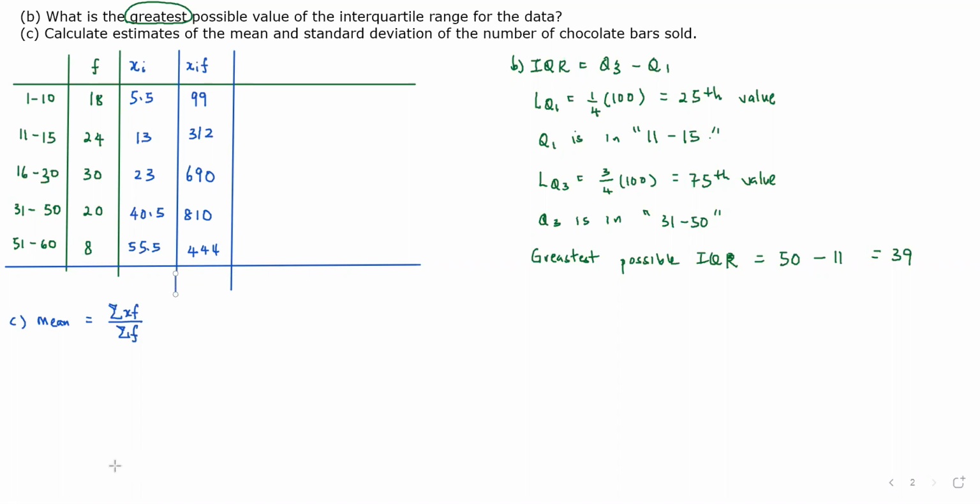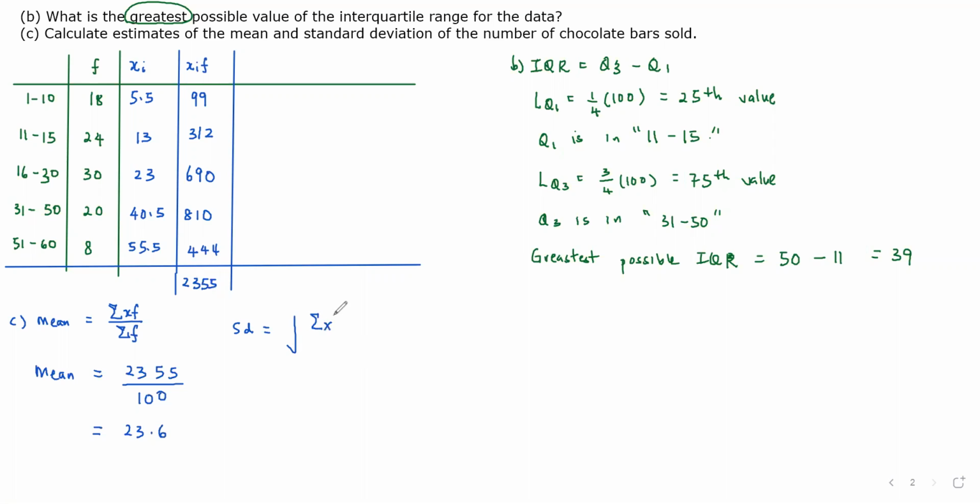The sum is 2,355. That will give you the sum of xf. The mean is 2,355 divided by the total frequency, which is 100. So the mean is 23.6. To find the standard deviation, the standard deviation is the square root of the variance.